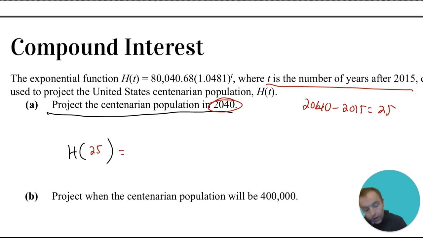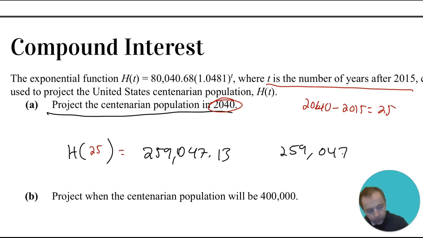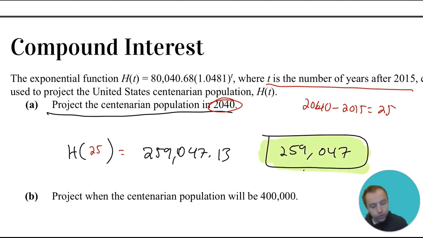So you have to plug 25 into the function, okay? So just using a calculator and evaluating that, you should be able to come up with 259,047.13-ish. You can't really have a fractional number of people, so maybe this would be the population of 100-year-old people or older, right? In that year.